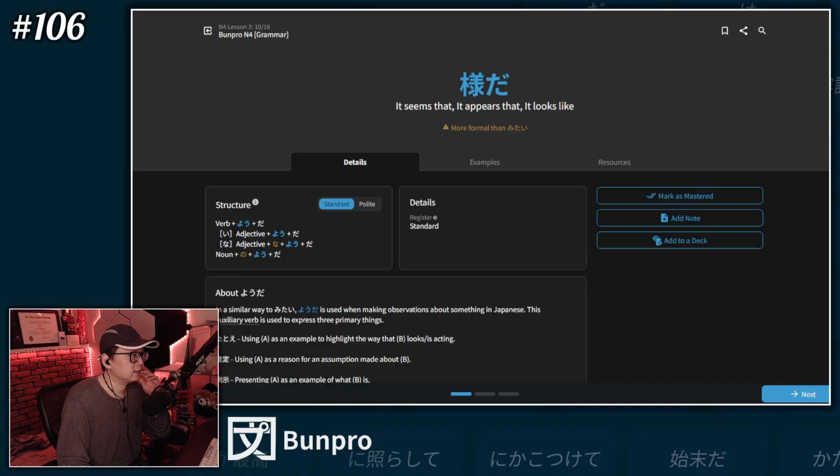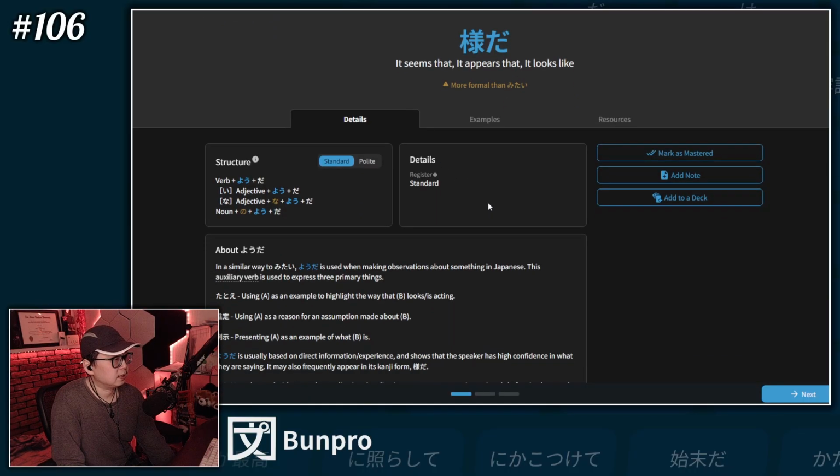I think this is part of the sama, right? Yeah. Sama. So yo, we're using that. And it's like manner, right? It's using the other one, like a manner of a characteristic. So it seems that, yeah, more formal than mitai, which is what we had previously.